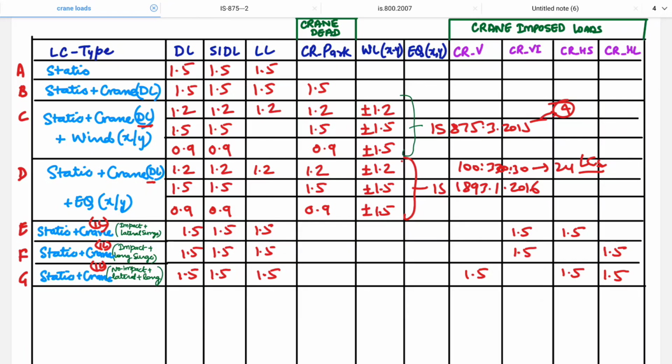The purpose of forming this load combination is that when you're applying crane vertical load on any wheel, at that point itself you have to apply the crane horizontal surge or lateral surge, and then you have to combine them together.